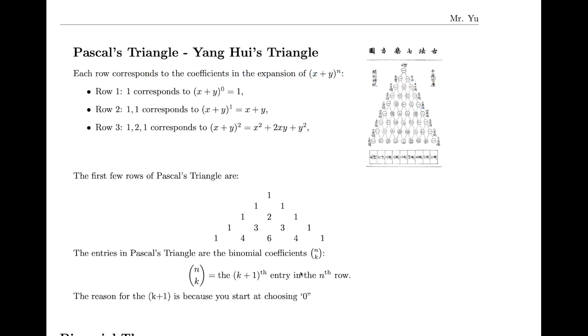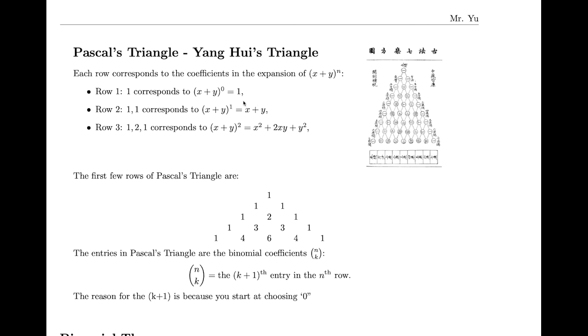Many cultures knew about this pattern, but Blaise Pascal, the French mathematician, took the coefficients of the binomial expansions, starting with exponent 0 and going up, and noticed that it started to have a pattern. In row 1, where the exponent is equal to 0, you would just have the coefficient of 1. In row 2, you would have coefficients 1 and 1.